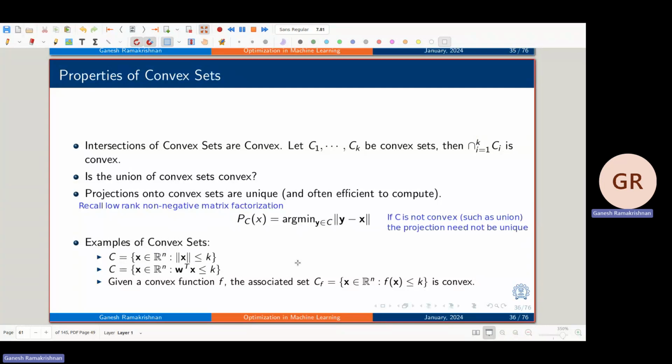So if you look at the 2 norm, right? So this is a norm ball. But if you consider the 1 norm of x less than or equal to k, how will it look?